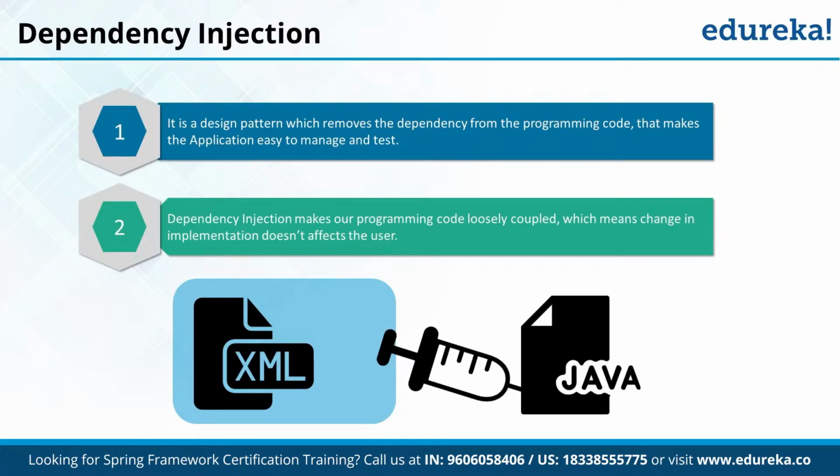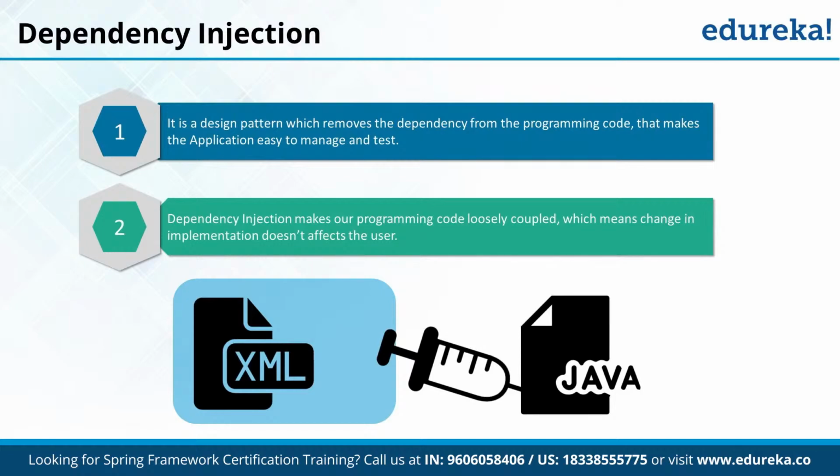It's a design pattern which will remove the dependency from the programming code. That's going to make the application easy to manage and test. Dependency injection makes our programming code loosely coupled, which means any change in the implementation of one will not affect the other. That's what we need to achieve.